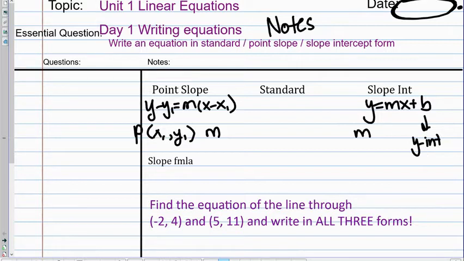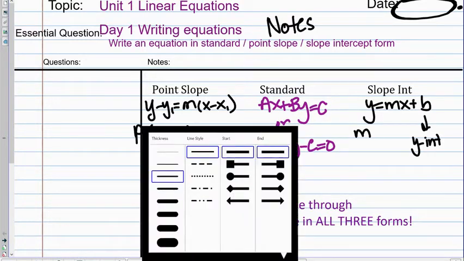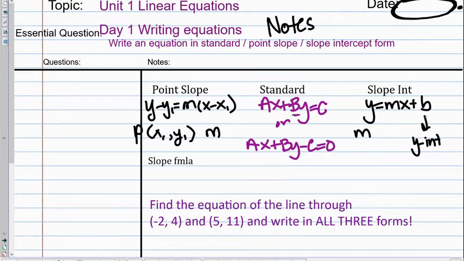And then standard has some different letters. It's Ax plus By equals C, or you'll sometimes see it like this, Ax plus By minus C equals 0. So they both have a b in them, and that's a little bit weird, but I hope that you notice that the B in this one is a big B and the b in this one is a little b. They are not the same, okay? So this B does not stand for the intercept.